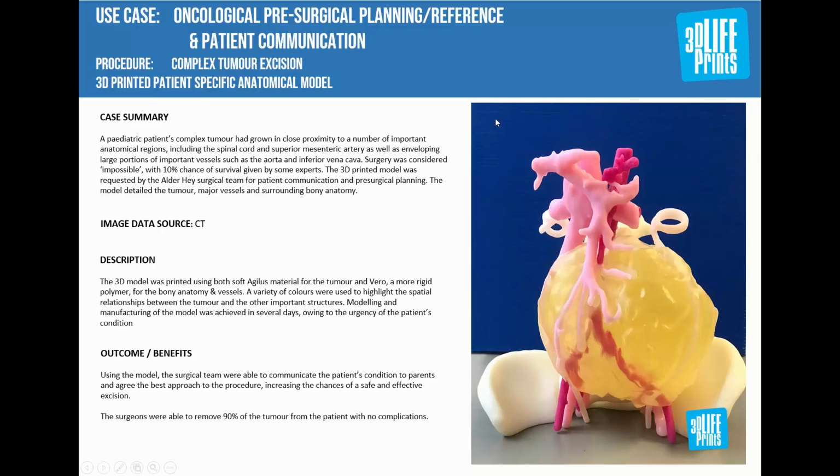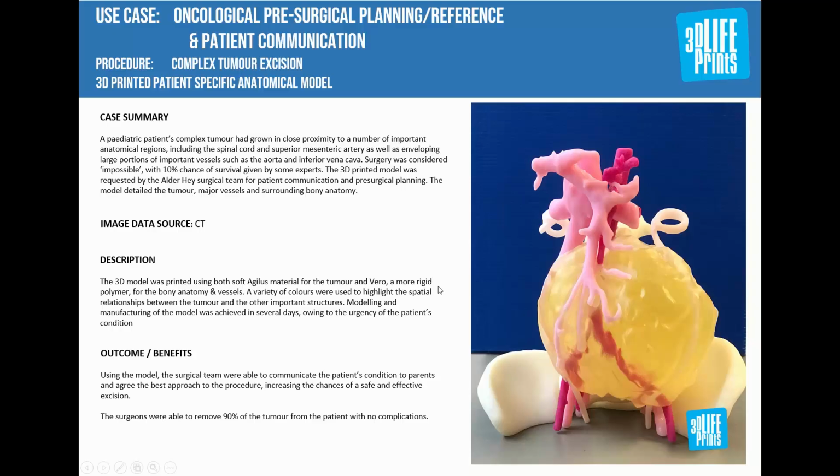So this case was a particularly unique case in that it was a pediatric case of a large abdominal tumor that was brought forward to us. This was an urgent request, came in as a very timely request to our 3D printing hub in Liverpool, as this patient was going for surgery and the surgical team was not 100% confident that they would be able to remove as much of this tumor as they planned to or needed to.